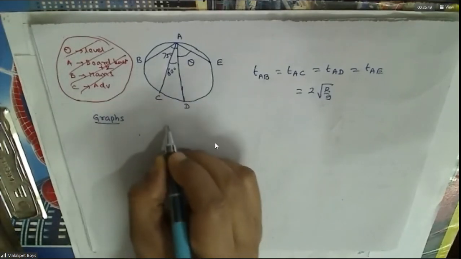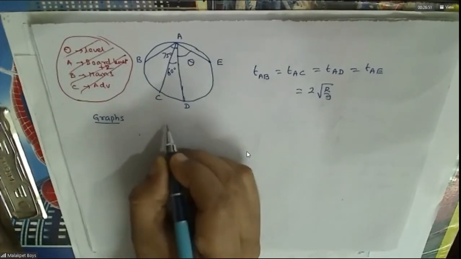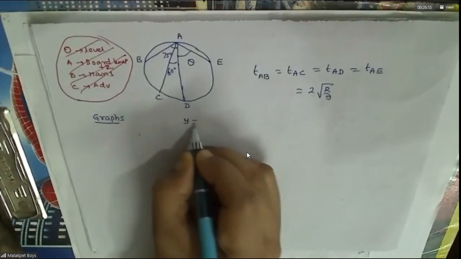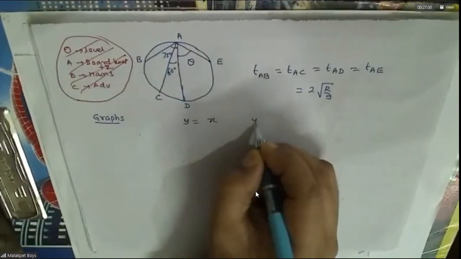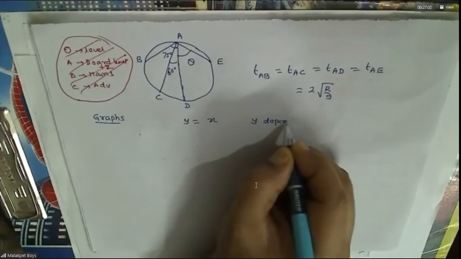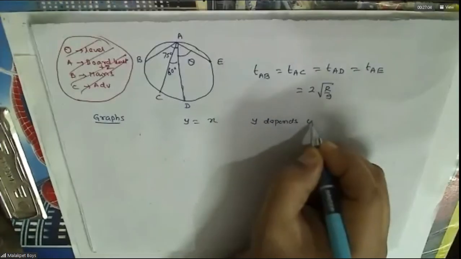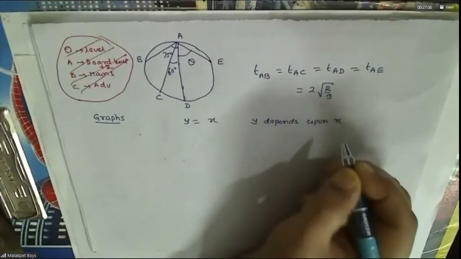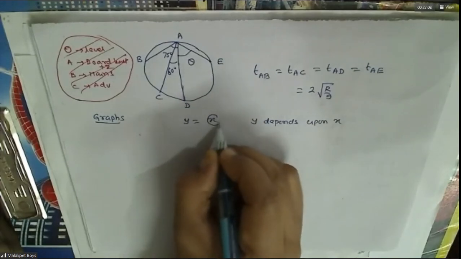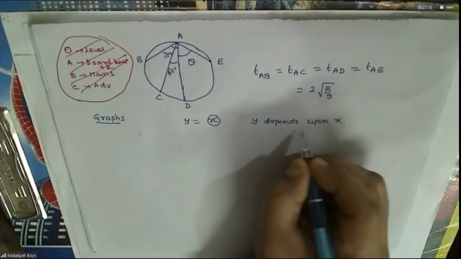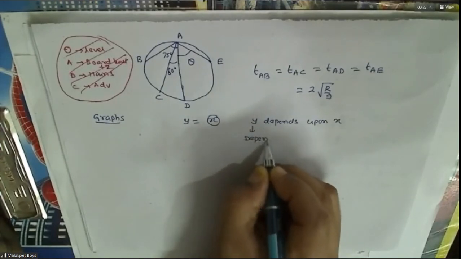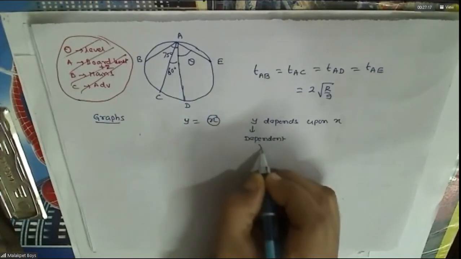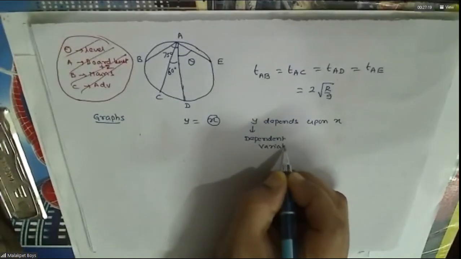See, in a graph you will have two variables, no? Usually we will take y is, suppose, x. What is the meaning of this? Y depends upon x. So we call y the dependent variable.